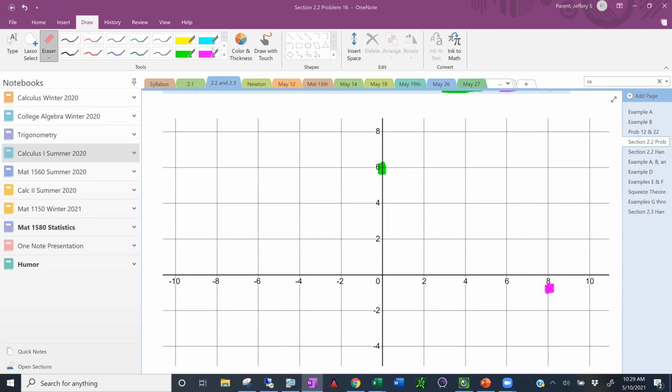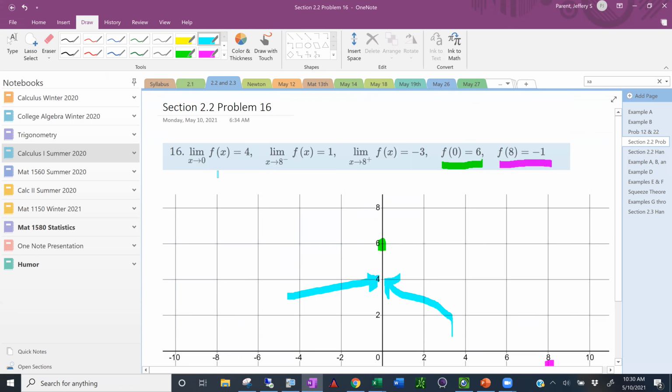So let's draw something that matches that. And I'll use blue for that. Now I've drawn somewhat of a straight line here. And this one, maybe I'm not going to draw such a straight line. Something like that. But both of these are heading to the point 0 and 4. So you have a limit as x approaches 0 of f of x equals 4.